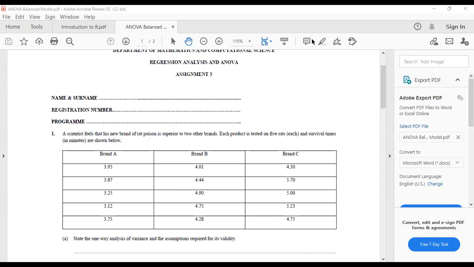The statement in the question is the statement that we will consider as the alternate hypothesis, right? So what we are saying is the scientist is deciding to say the brand that is new is better than the older brand. What it means is that they've got different effects. If the new brand is different from the other brand, we're saying they've got different effects. So which hypothesis assumes a different effect?